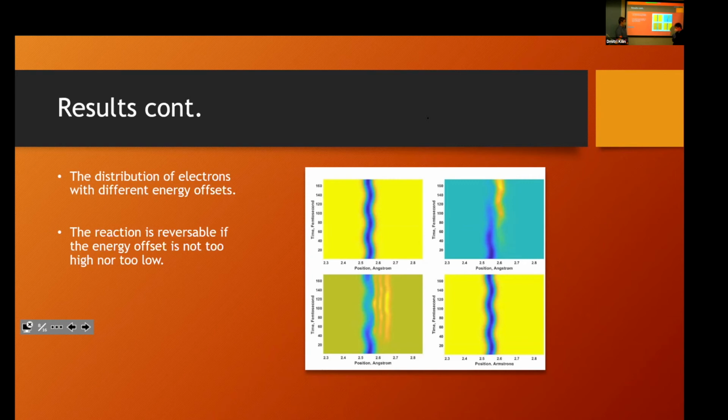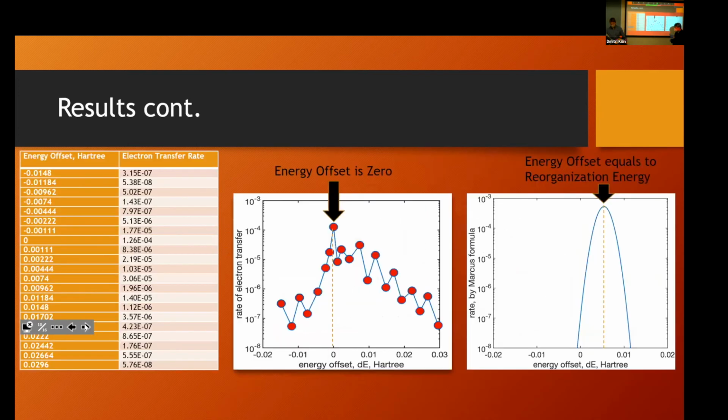It's a heavy question. Maybe you can show the slide with the forward rate dependence on the energy. You are exploring different values of energy offset between electronic states, and you are finding the rates, which in some aspects agree and in some disagree with the prediction of Marcus theory.